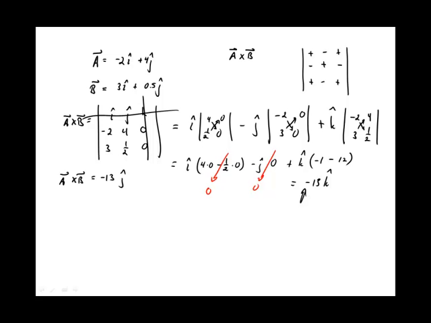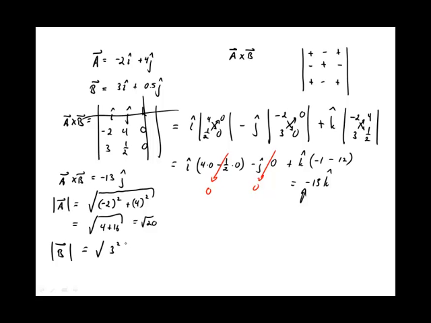Now the second question was, what's the angle in between? Well, the magnitude of A is equal to the square root of minus 2 squared plus 4 squared. So that's the square root of 4 plus 16, which is the square root of 20. And the magnitude of B is the square root of 3 squared plus 1/2 squared, which is the square root of 9.25.